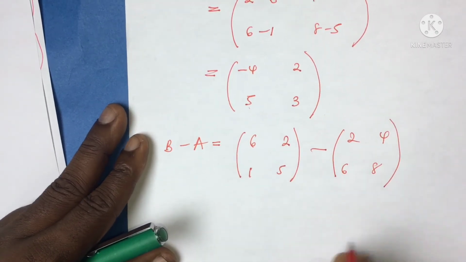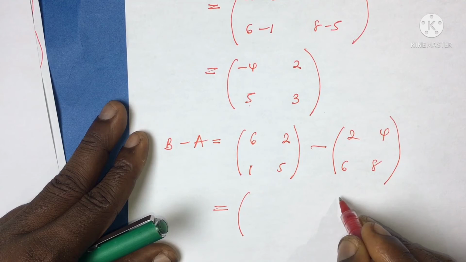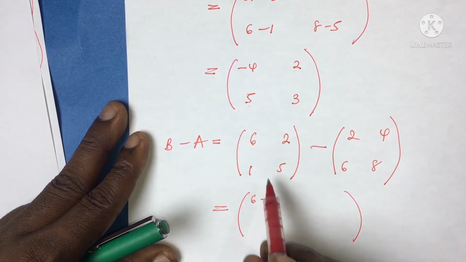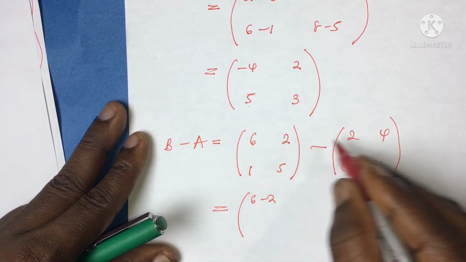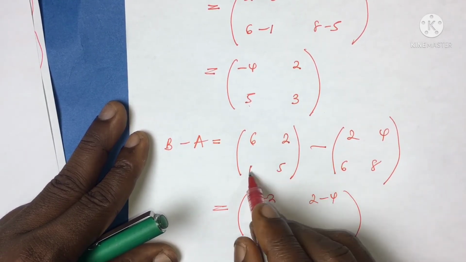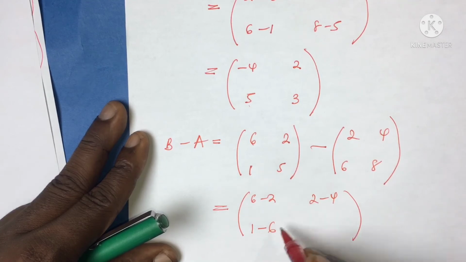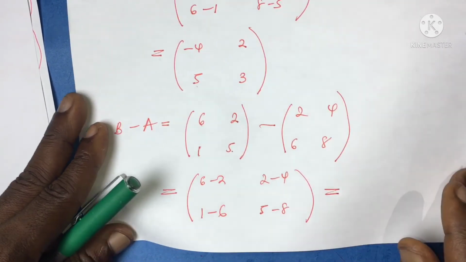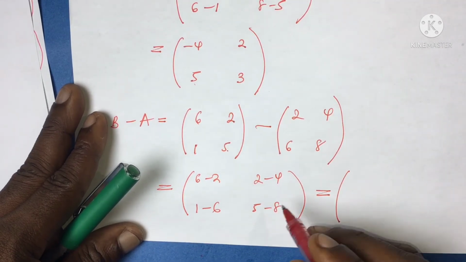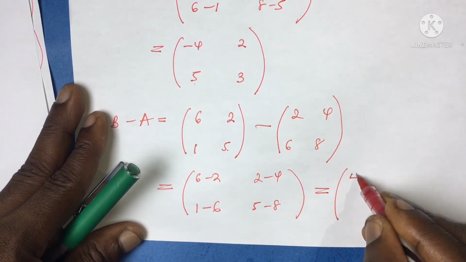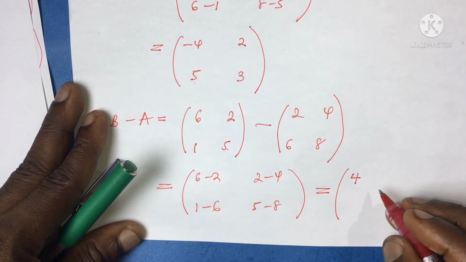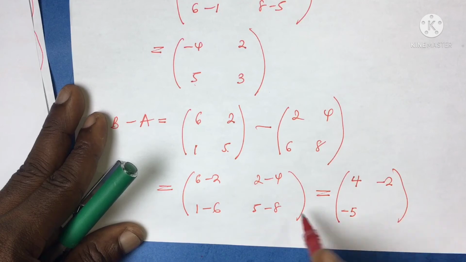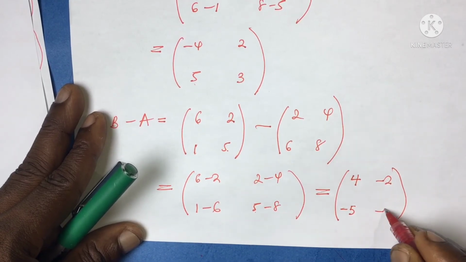Now, looking at it, you would note one thing, that 6 minus 2 becomes what we have here because they occupy similar positions. 2 minus 4 comes over here. 1 minus 6 comes over here. And 5 minus 8 comes here. Now, what will our result be? Let's see. Our result will be 6 minus 2 gives us 4. 2 minus 4 gives us minus 2. 1 minus 6 gives us minus 5. And 5 minus 8 will give us minus 3.